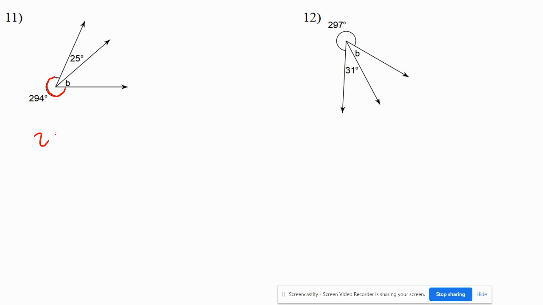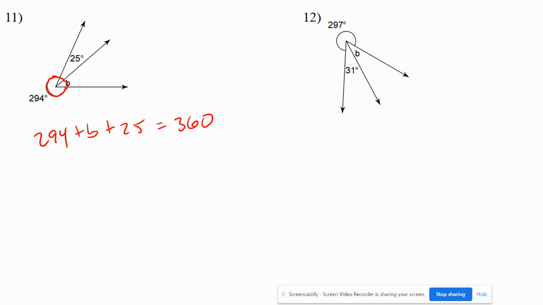A whole circle is made out of 294, which is that angle, plus B, because I'm going to add B, and then I'm going to add 25. I'm trying to make the whole circle. In this case, I needed to add 3 angles to make the whole circle. A whole circle is 360 degrees. So I'm going to add these 3 angles and it equals 360.